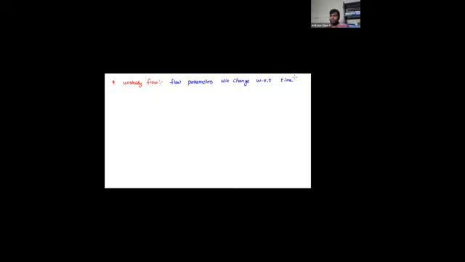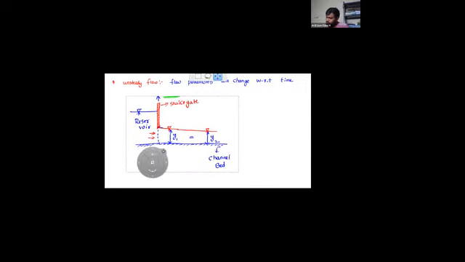Now you see, in the case of unsteady flow, let's take the same example, in which I am going to introduce a small change.